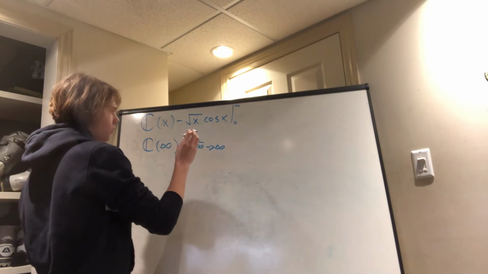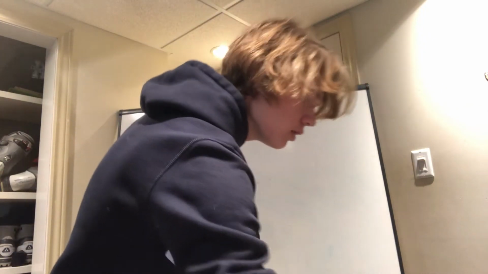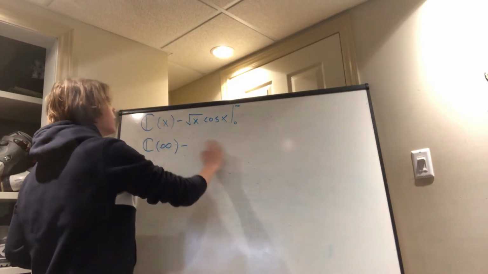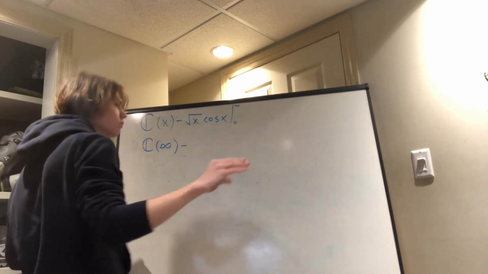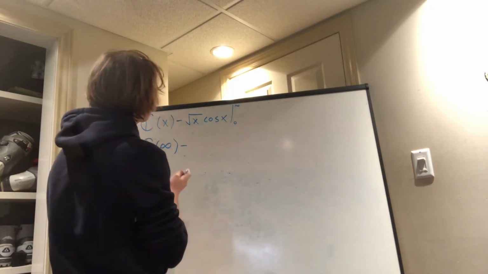However, the cosine of infinity, since it keeps oscillating back and forth, is undefined. So I'm not sure why, but we can leave this out. Basically, we don't need it, and it still works out.